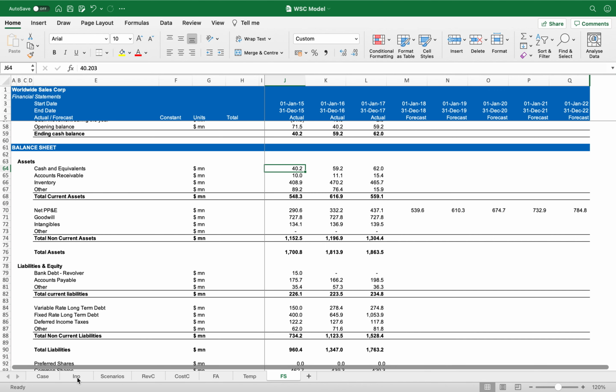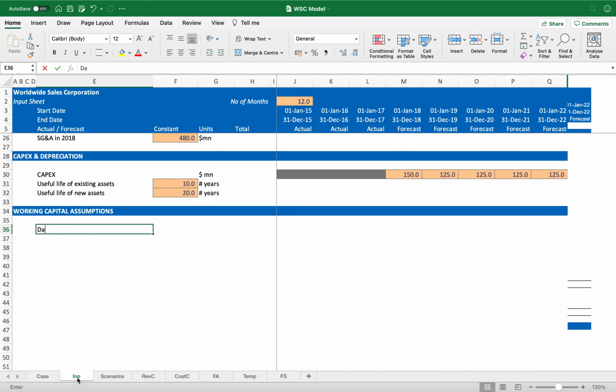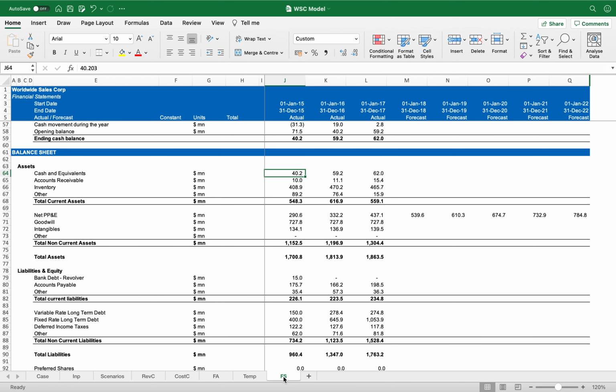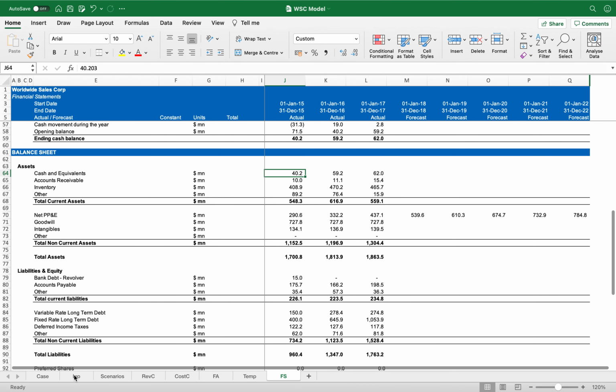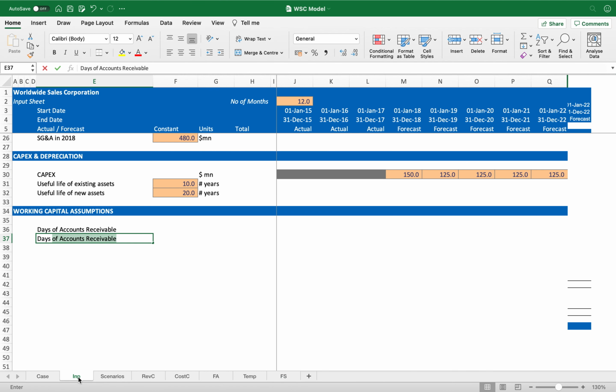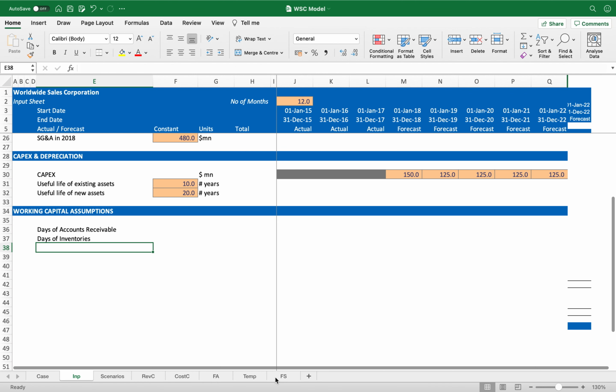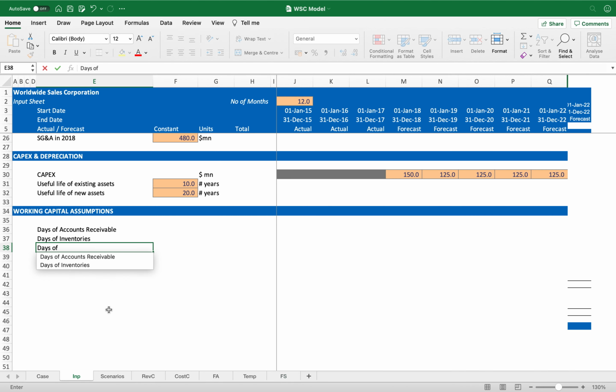So let's just go to the input sheet and link days of accounts receivable. Then what do we have next? We have inventories, so days of inventory. Next, other current assets, days of other current assets.